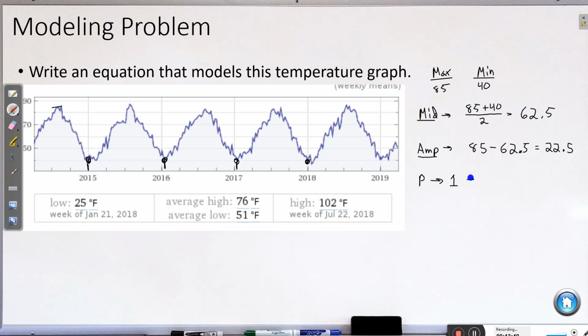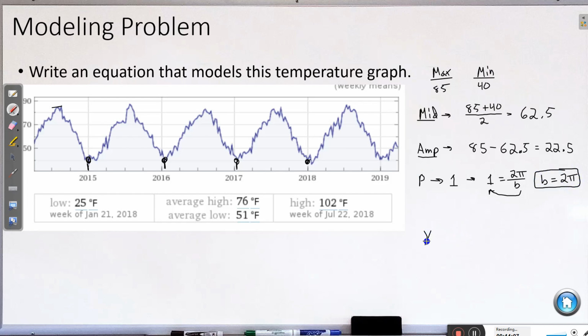Now again, that does not go in the equation. So we do period, which is 1, is equal to 2 pi over b. Multiply the b over, and b times 1 is just b, so b is equal to 2 pi. All right, we're ready for our equation.